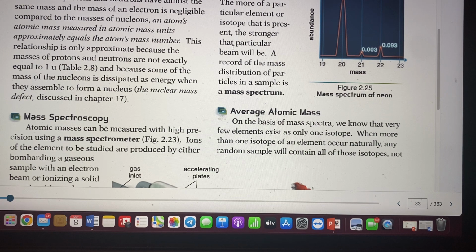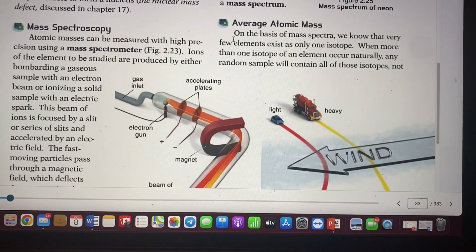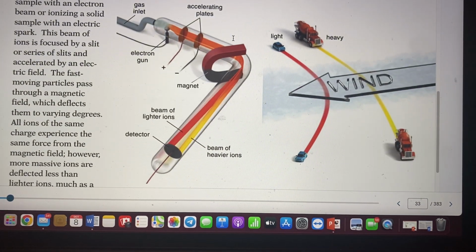So they measured it with what they called a mass spectrometer. This mass spectrometer measured that neutrons were heavier than protons, and how light the electrons were, and they used this for measuring. The concept is in the picture here, as you see.